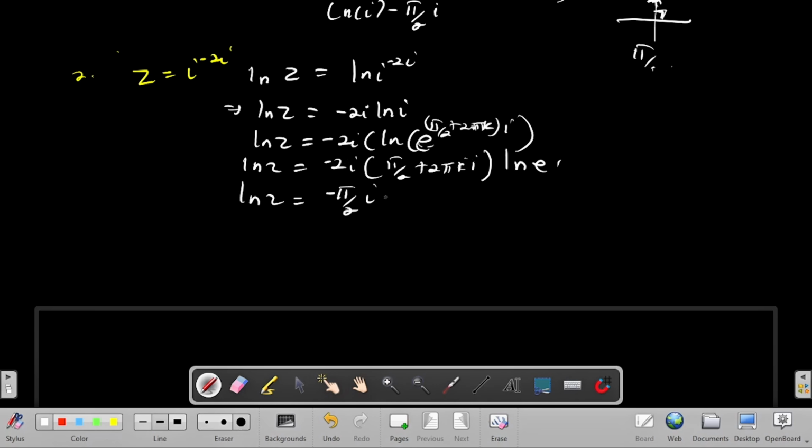I'll have minus 4, so it should be plus negative. Okay, so minus 4. I have i times i, which will give me negative 1. So negative 1 times it become plus. Okay, so plus 4, right? Plus 4. Then you have pi k, as simple as that. ln e is 1. At this point, I think I made some mistake here.